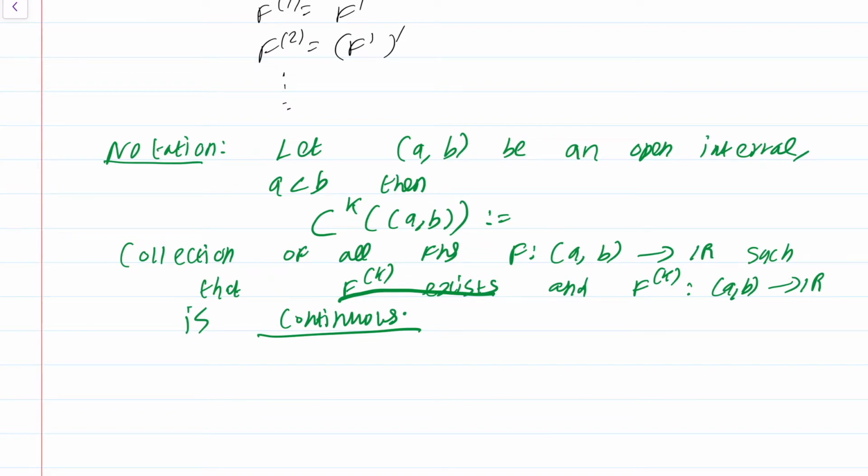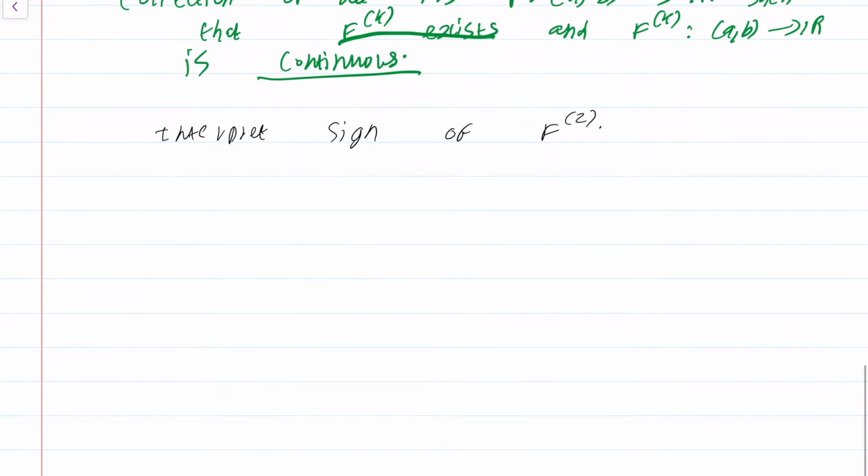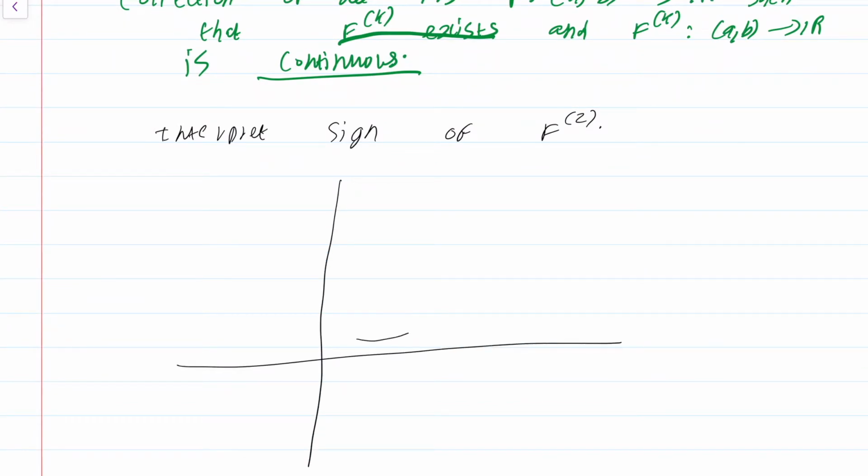Now our goal is to interpret the sign of f''. For this, first some basic geometry. Suppose I have a curve that looks like this. Such a curve is called convex upwards. All of you are familiar with convex and concave lenses.